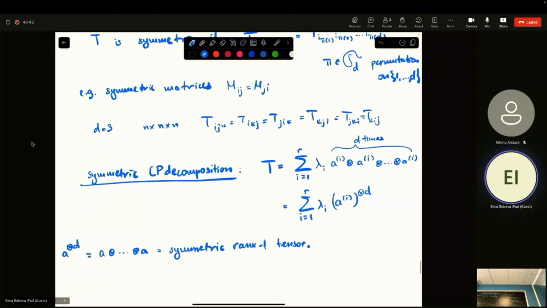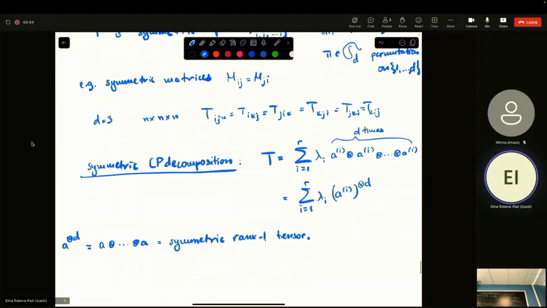Okay, so this lambda here sometimes matters if you're over R, because over the real numbers, if D is even, you may want to put a minus sign here, and you can't absorb this minus sign into the vector.